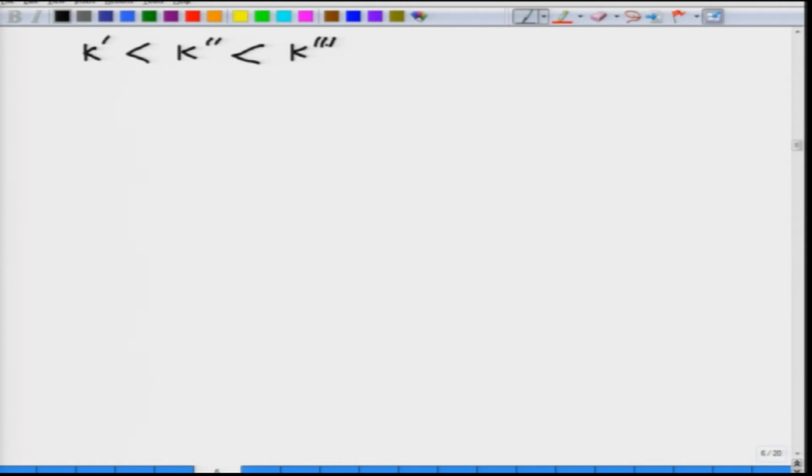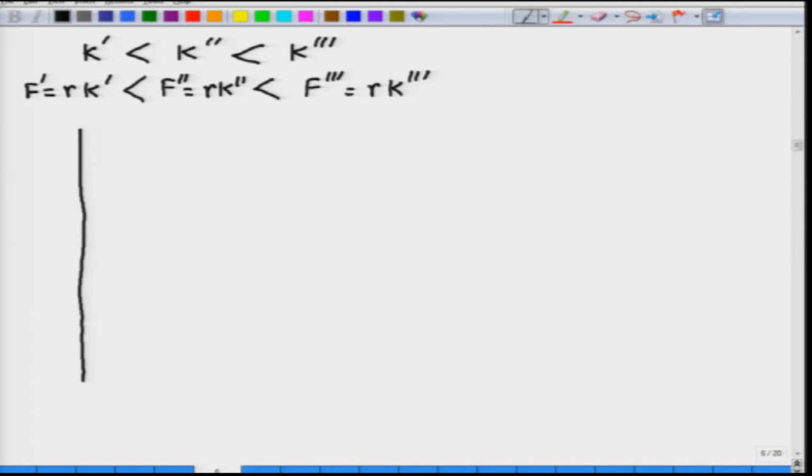For each level of capital I have a fixed cost: f prime, which is r times k prime, where r is the rental rate of capital, is less than f double prime, which is r times k double prime, which is less than f triple prime, which is r times k triple prime. Okay. So, let us start with the level where capital is fixed at k prime.